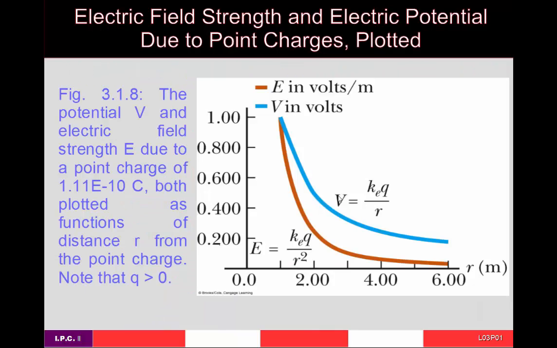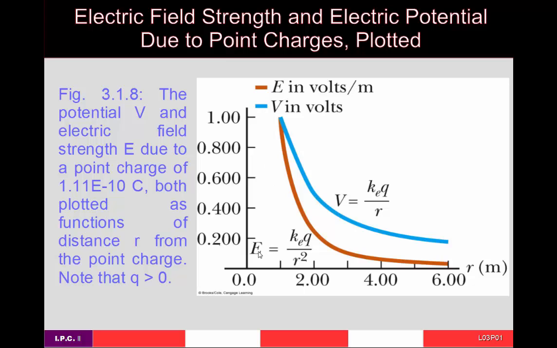To help you visualize what happens when you have a point particle, I've pulled a plot of both the electric field strength and the electric potential as a function of the distance away from a given point charge.